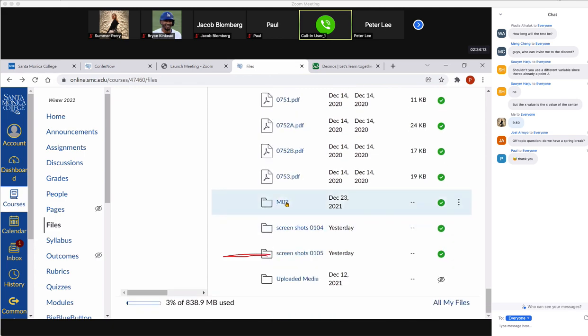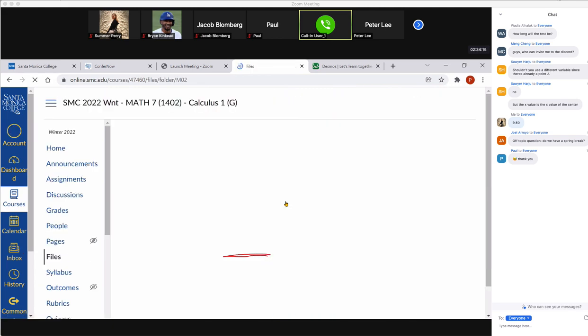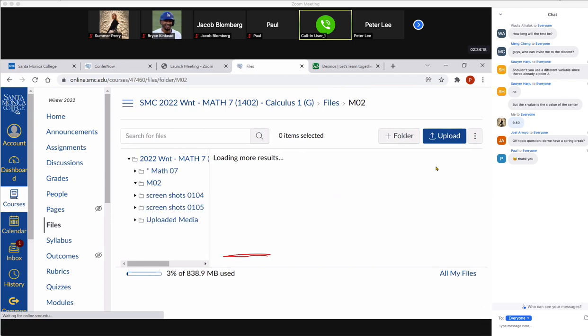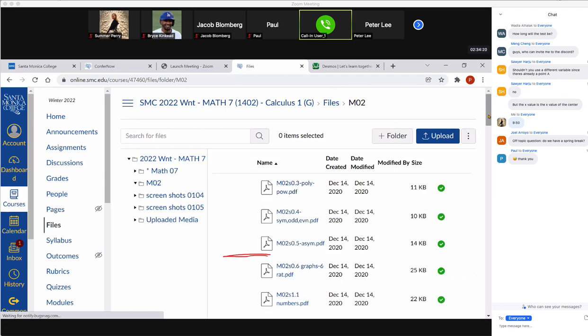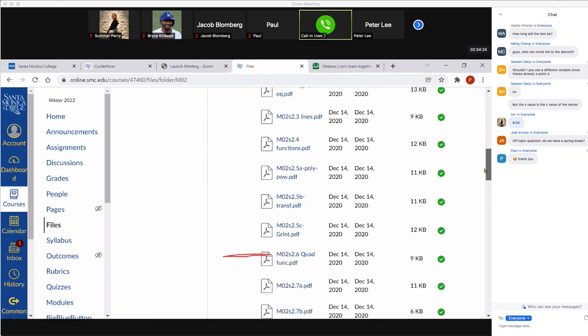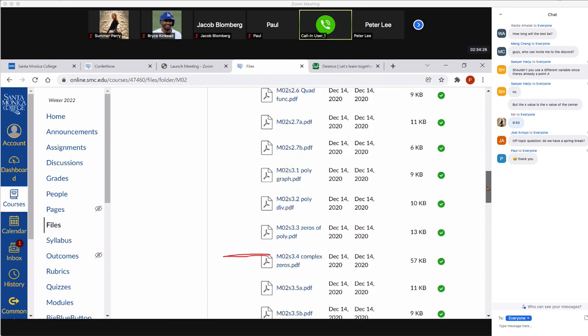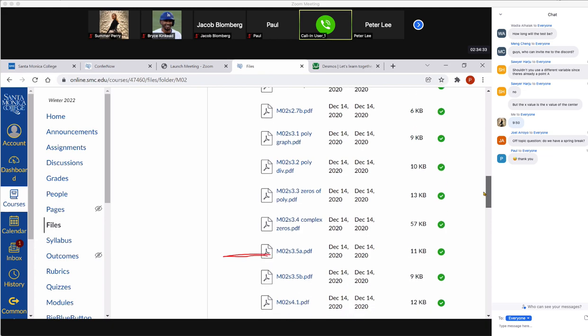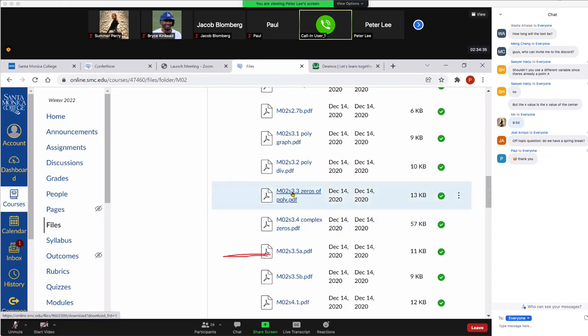Let's go to the directory M02, and within the M02 directory, there is a file. I think this is chapter 3, and chapter 3 has the factor theorem. It's the zeros of polynomials, complex zeros.